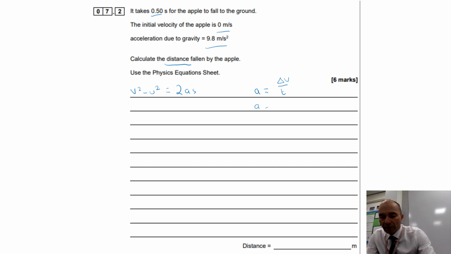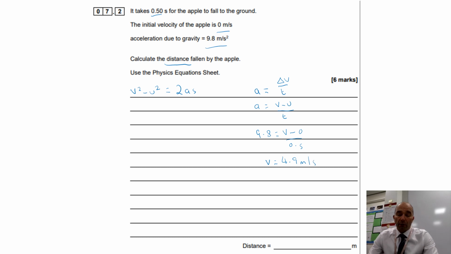Change in velocity is final velocity minus initial velocity, over t. So we now need to substitute our numbers in. We've got an acceleration of 9.8 equals v minus, well, the initial velocity was 0, that makes it a little bit easier, divided by 0.5. We need to get v by itself, and we end up with the velocity of the apple when it hit the ground being 4.9 meters per second.